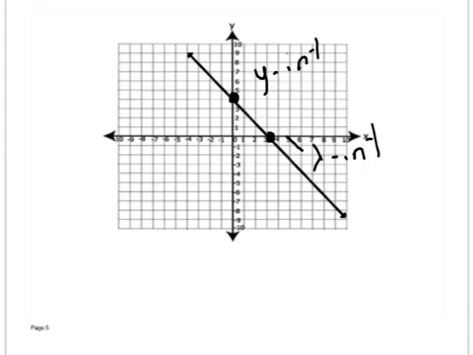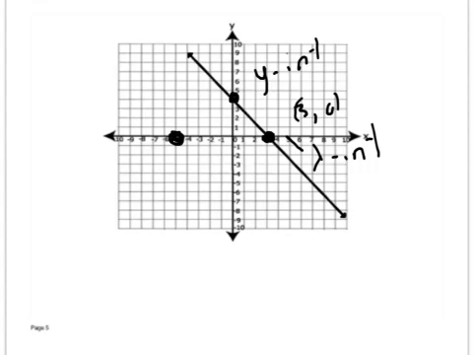But I want you guys to notice something about this graph. For x-intercepts, for this x-intercept right here, what's its ordered pair? 0, 3 or 3, 0? 3, 0. Okay, what if my x-intercept was right here?